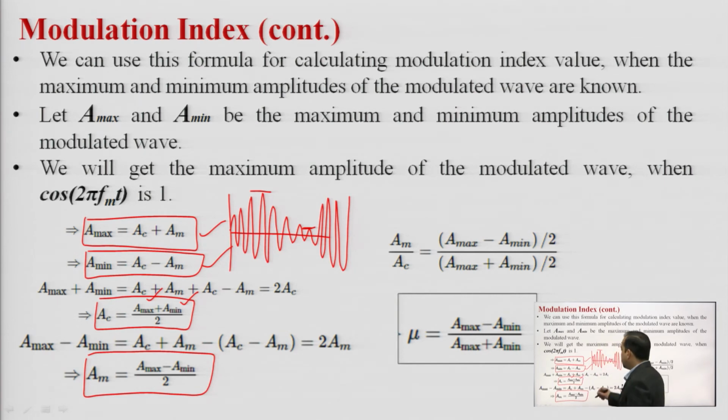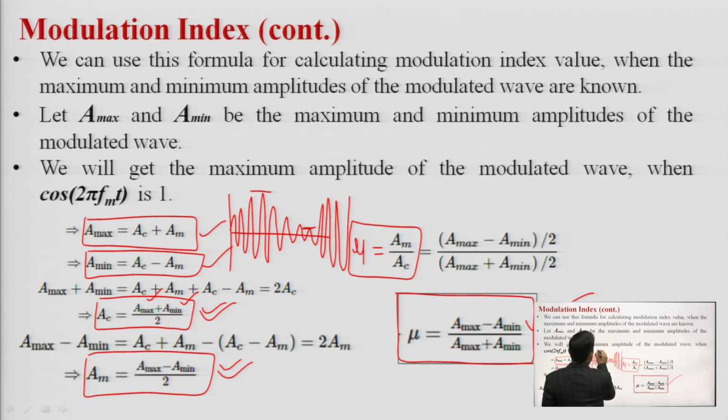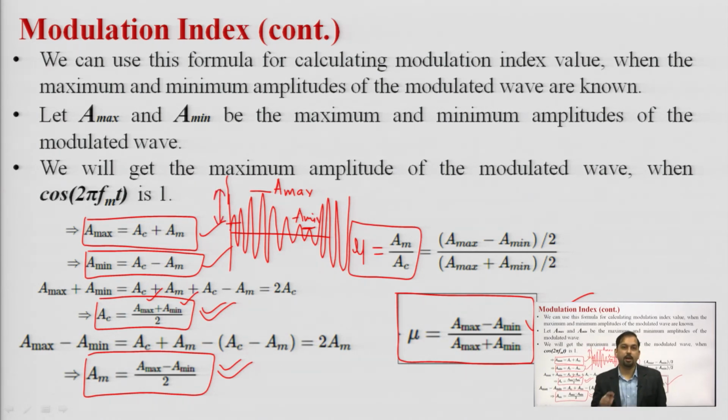Putting these values of AC and AM into the modulation index, mu equals AM by AC, we get mu equals (A max minus A min) divided by (A max plus A min). With the help of these envelopes, A max and A min, this gives you the value of the modulation index, or the depth of modulation.